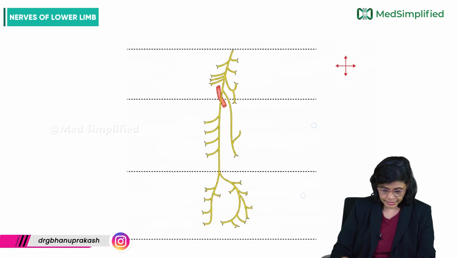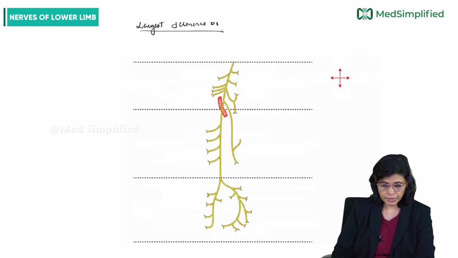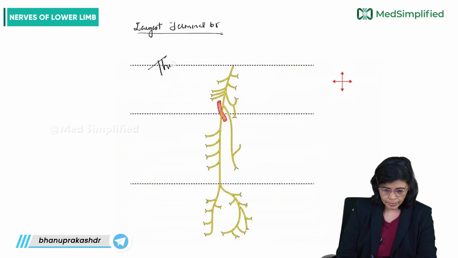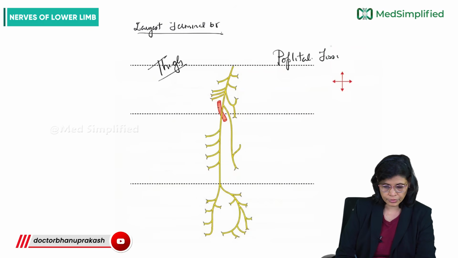So here if you see the distribution of the tibial nerve, it begins in the thigh, in the popliteal fossa here. It gives mainly branches to the boundaries of the popliteal fossa.